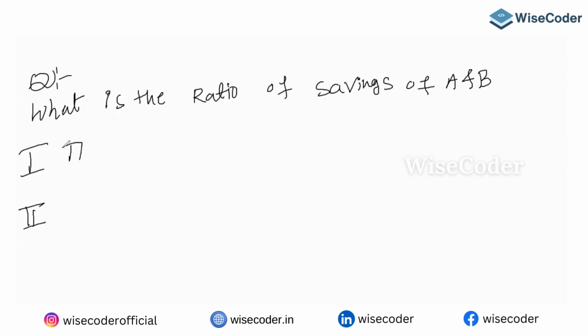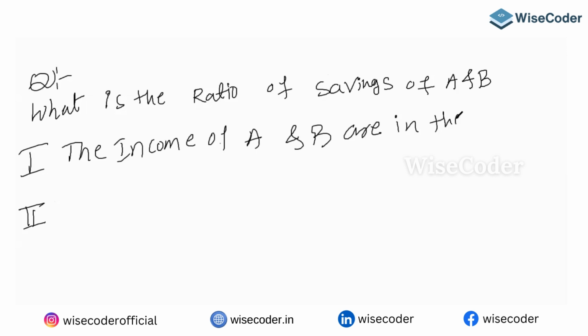He has given statement 1: the incomes of A and B are in the ratio 4:5.